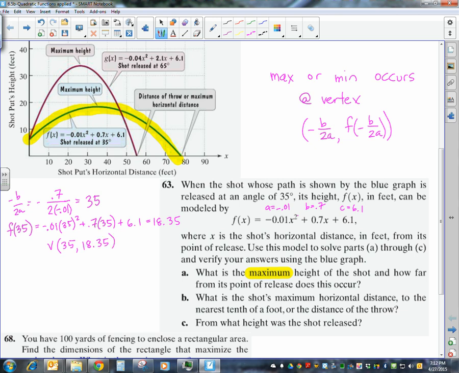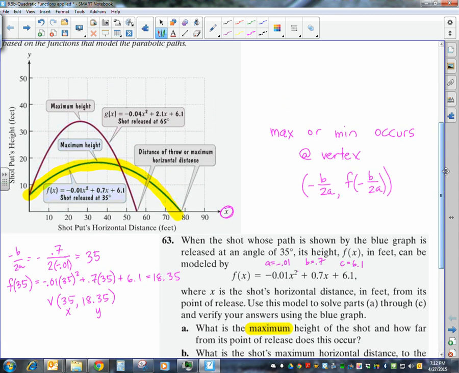So my vertex is 35 comma 18.35. Remember, whenever we have an ordered pair, this is my x and this is my y. The x-coordinate gives the shot put's horizontal distance, and the y-coordinate gives the shot put's height.